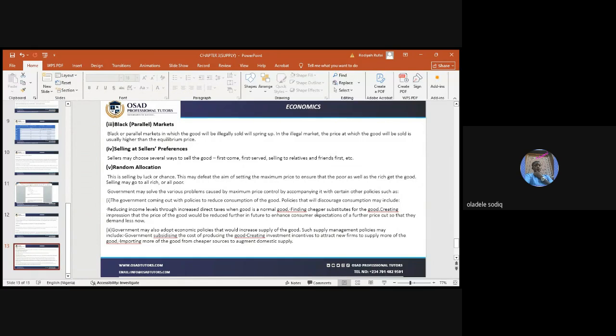Selling may go to all rich or all poor. So when we say random allocation, it means you are not looking at whether this person is rich or this person is poor. Your focus is to sell to everybody. So all of these are what price ceiling can result in.